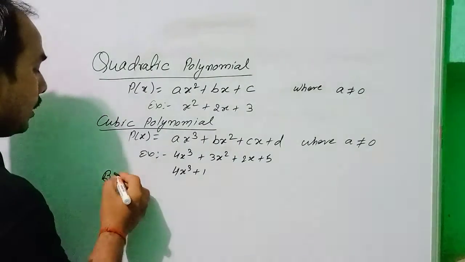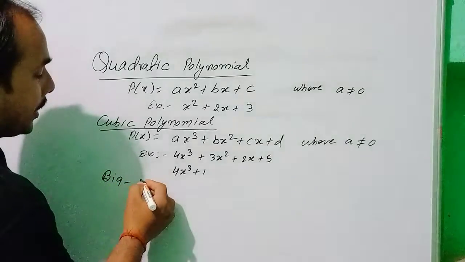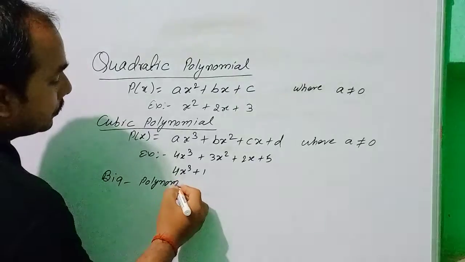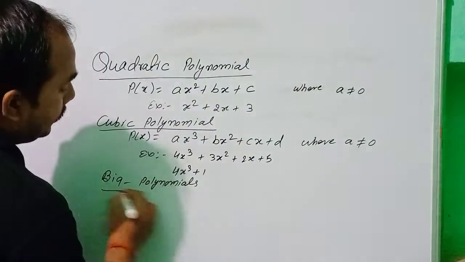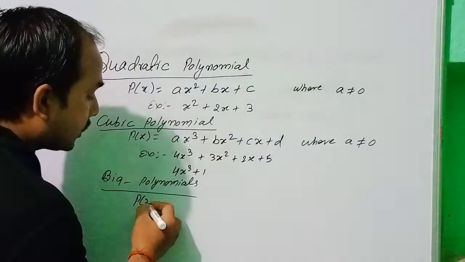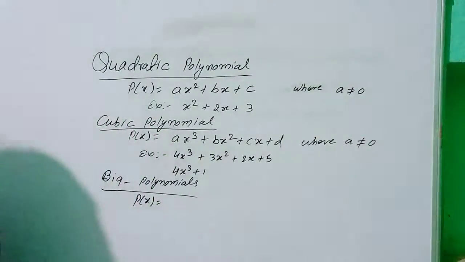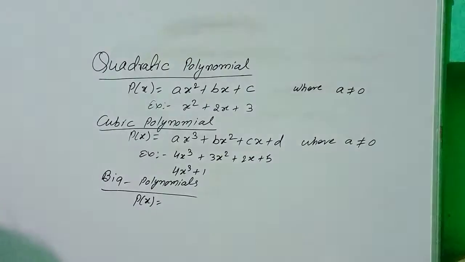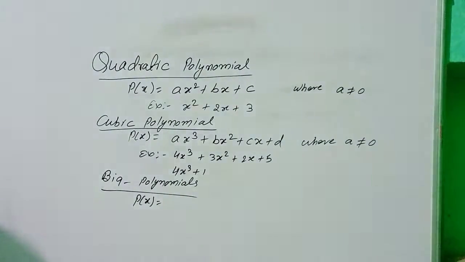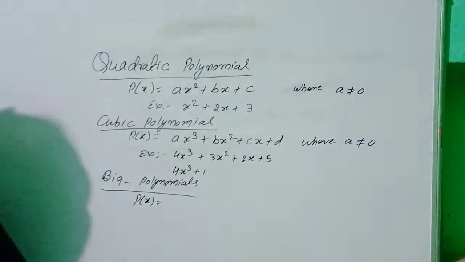Next is biquadratic polynomials. The biquadratic polynomial's degree is 4. Okay? Here the degree of x is 4.